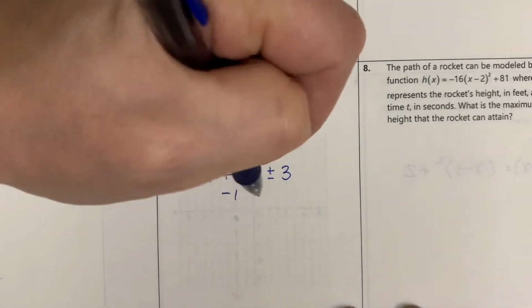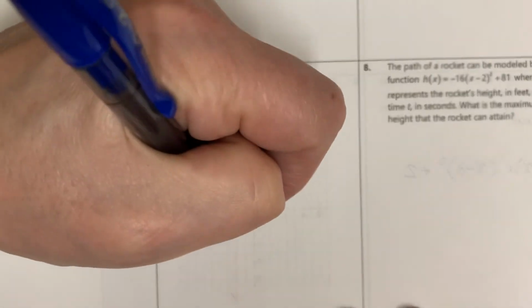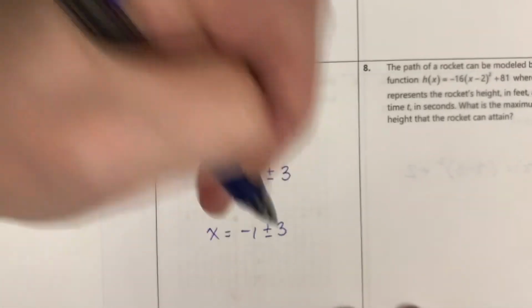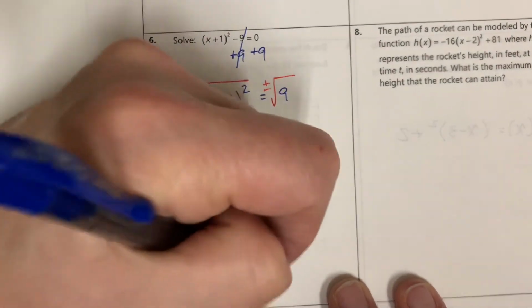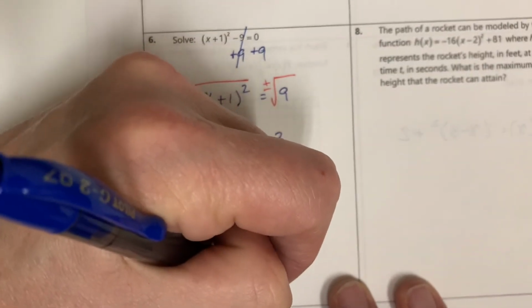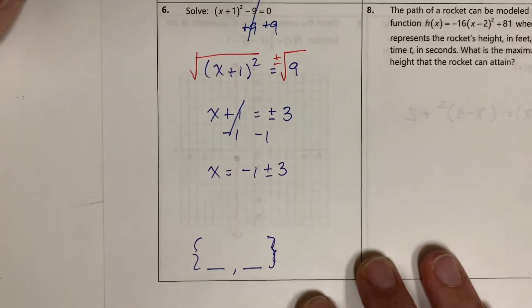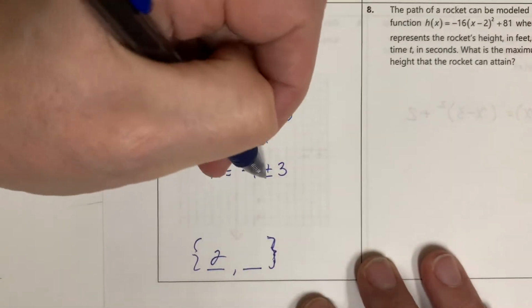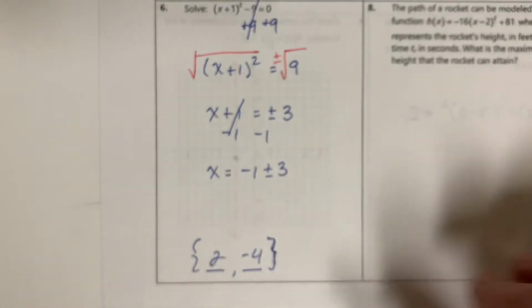I now subtract 1 on both sides. X is equal to -1 plus or minus 3. I have 2 answers that I'm looking for, in curly brackets. -1 plus 3 is 2, and -1 minus 3 is -4. Those are my two answers.